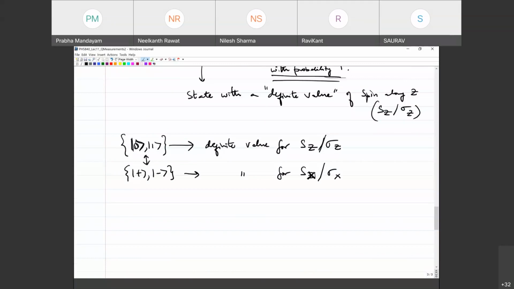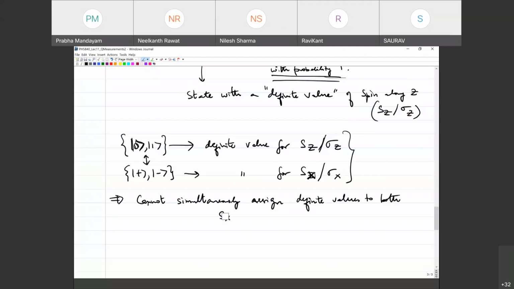So what this tells me is that I cannot simultaneously assign definite values. What the sequential setup tells us is that we cannot simultaneously assign definite values to both spin x and sigma z.